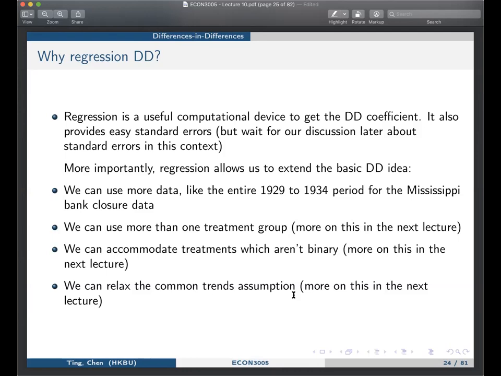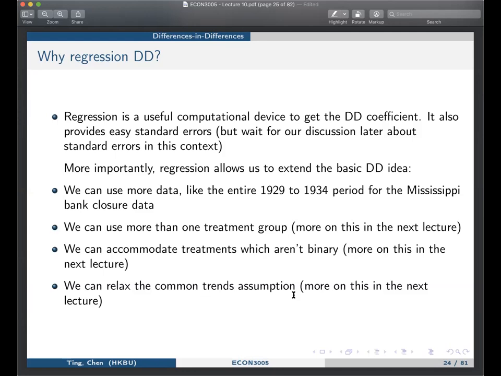And also we can use more than one treatment group. We will talk more about this in the next lecture, but just trust me for now. It has the advantage that it can accommodate more than one treatment group.